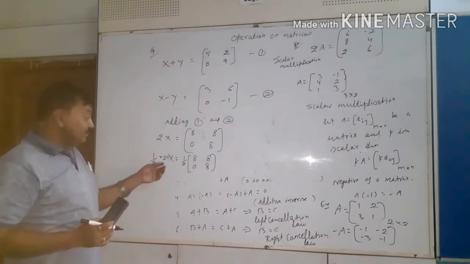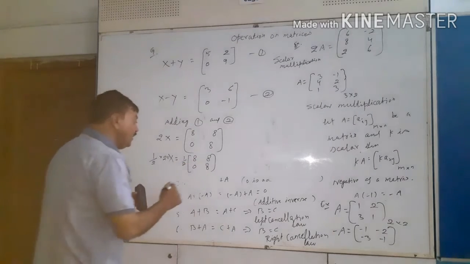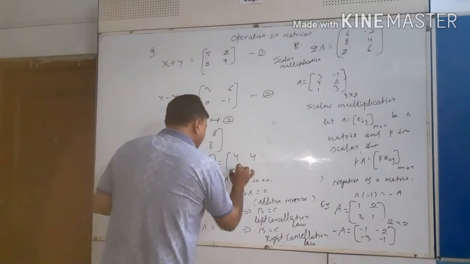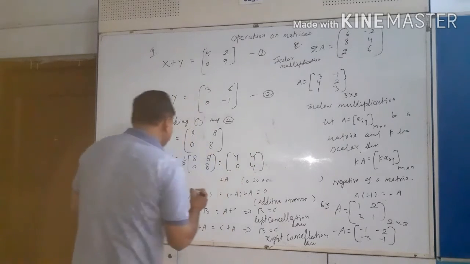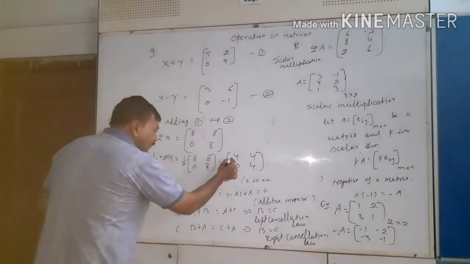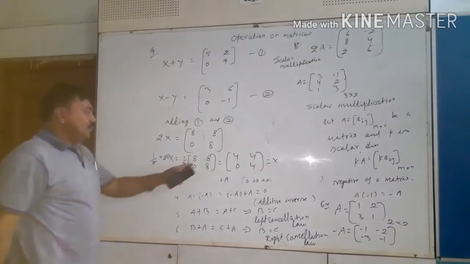We multiply by 1 by 2 everywhere. Then the result will be 4, 4, 0 and 4. The 2 is cancelled. The value of x is 4, 4, 0, 4.